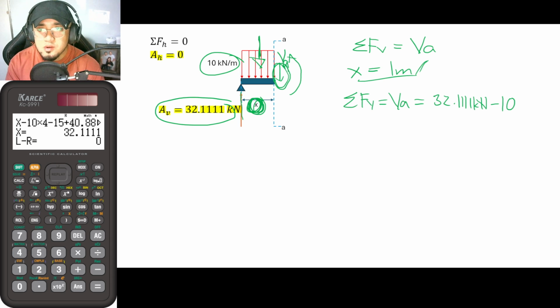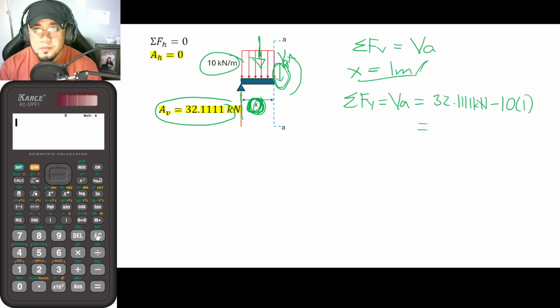That is 1 meter, so 10 times 1. And from that, guys, looking at the calculator, 32.1111 minus 10 times 1. So the answer here is 22.2.